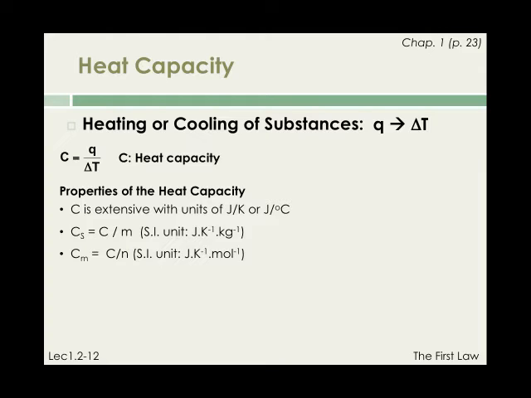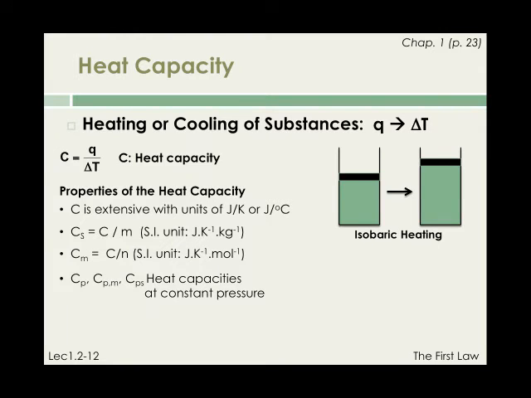When we heat a substance, such as a gas, we can actually carry out the experiment in two ways. We can heat the gas isobarically, that is, the gas pressure remains constant during heating, or isochorically, that is, the gas volume remains constant during heating.